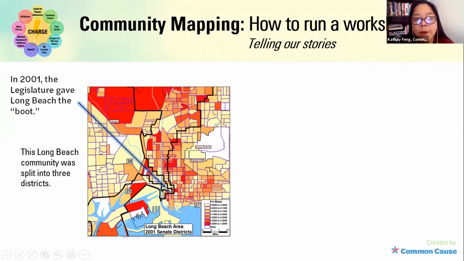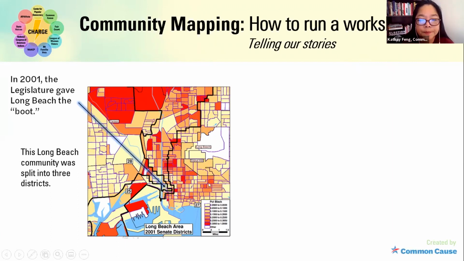That's where the blue arrow is pointing. That also meant that 2 other districts, Senate Districts 25 and 27, had to be drawn around the boot. This split multiple communities and the city of Long Beach into 3 districts.